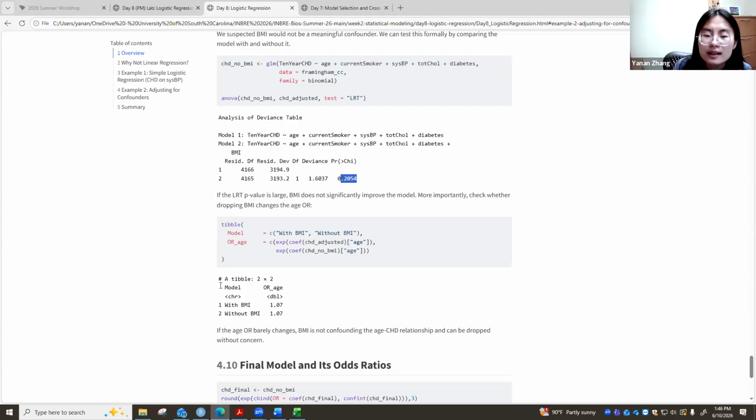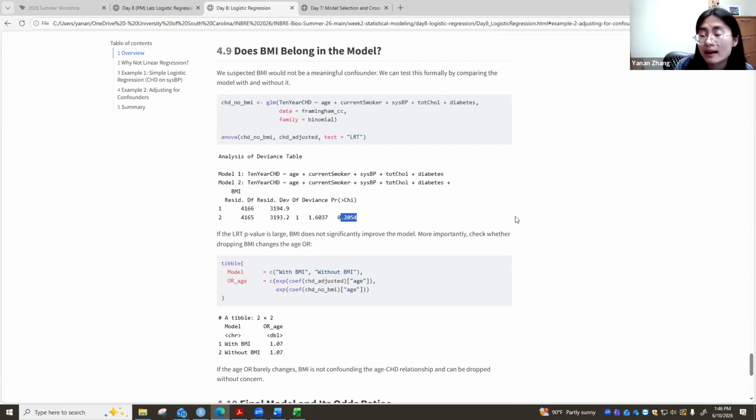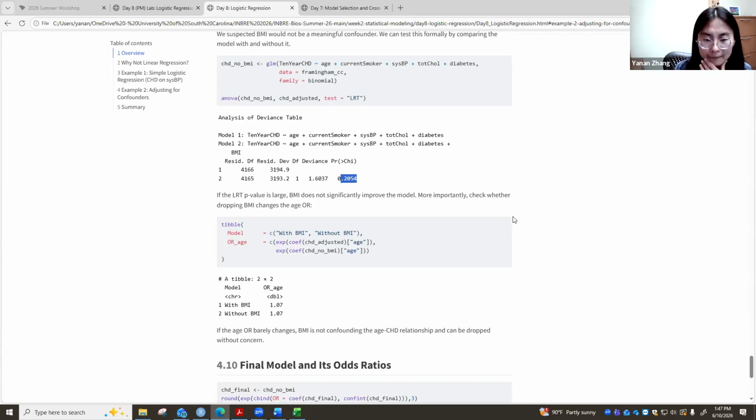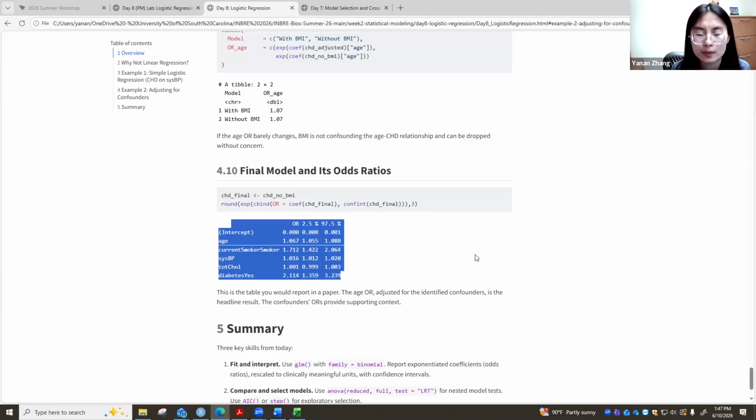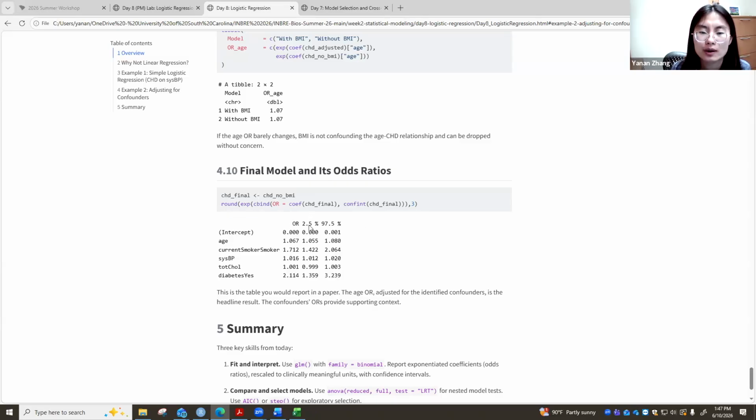And similarly, if the odds ratio of age does not change too much, but the test suggests these two models are different, in that case we also should keep BMI in our model. Okay. So at the end, our final model would be the adjusted model, but without BMI. We can summarize our results in this little table where we report the odds ratio as well as the 95% confidence interval.